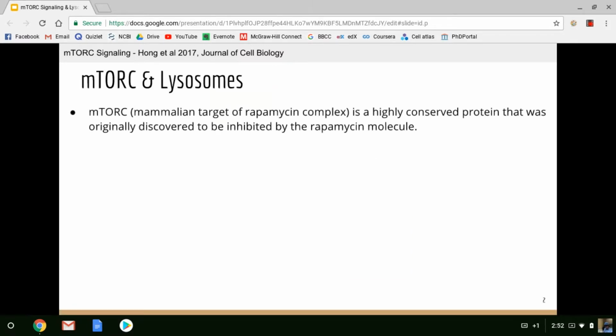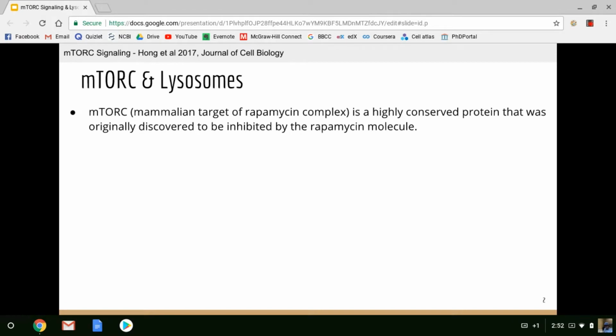So mTORC stands for mammalian target of rapamycin complex, and it's a highly conserved protein that was originally discovered to be the enzyme inhibited by the rapamycin molecule, hence its name.